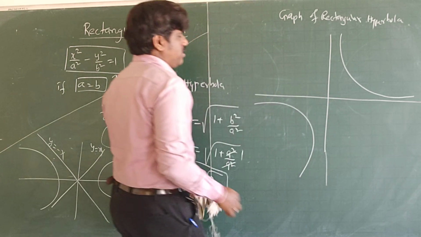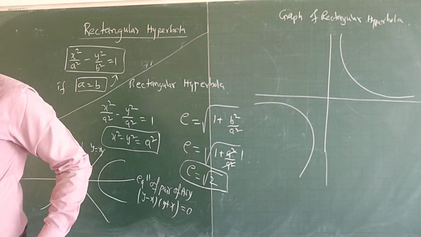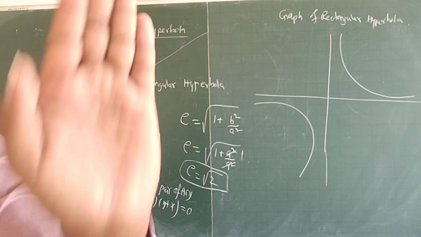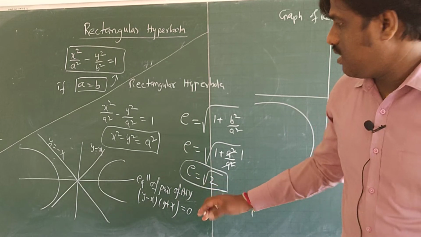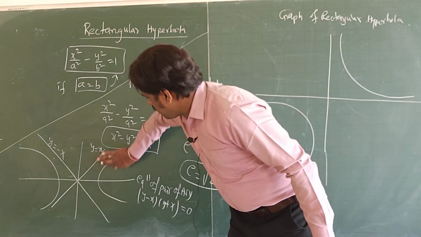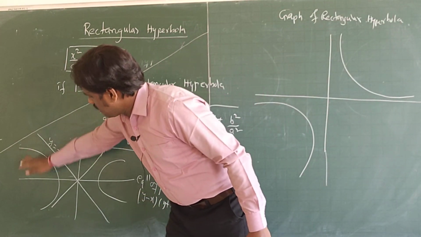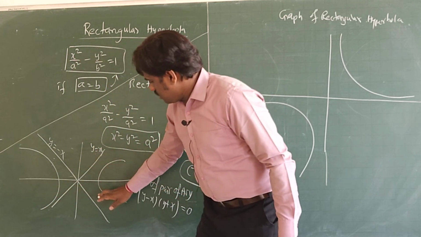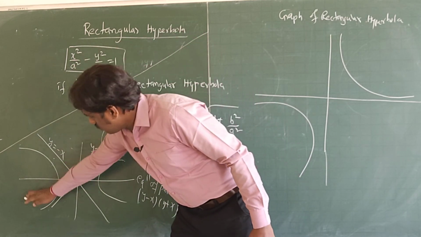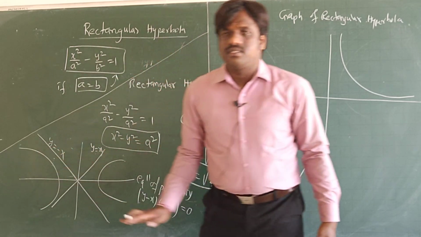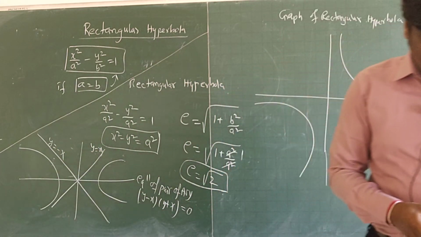So what I want to say here: if I rotate by 45 degrees, this part will go inside and this part will come to this side. The graph of this part goes here and the graph of this part goes here, and this rotates. So that is how the rectangular hyperbola forms.